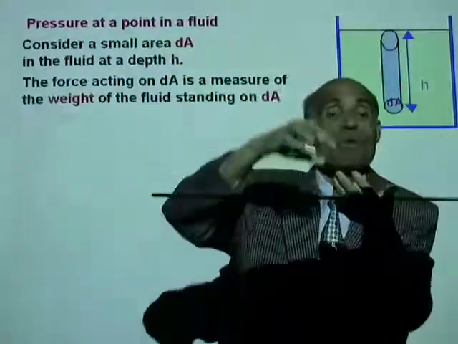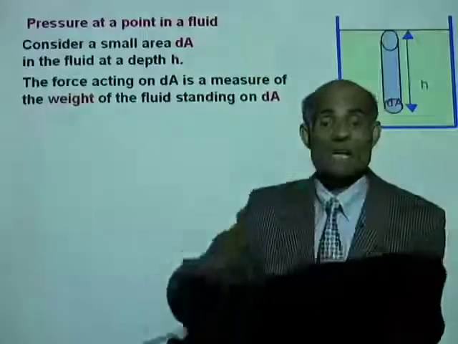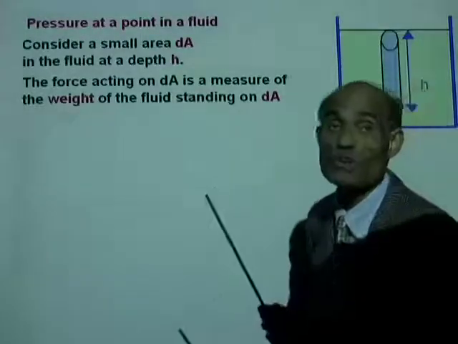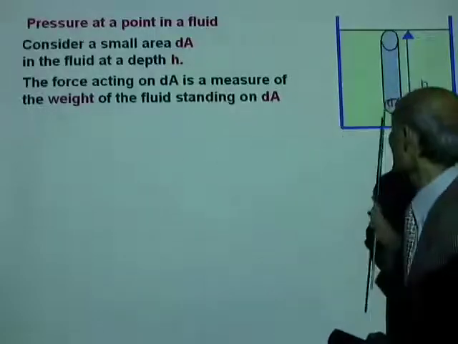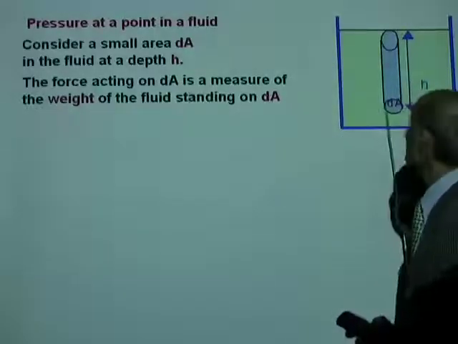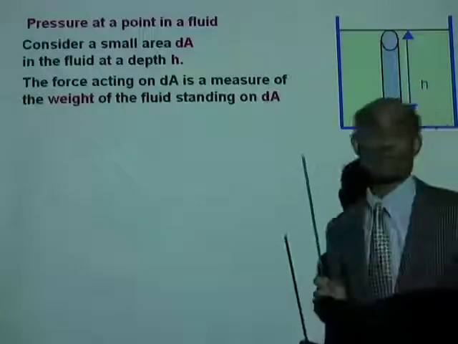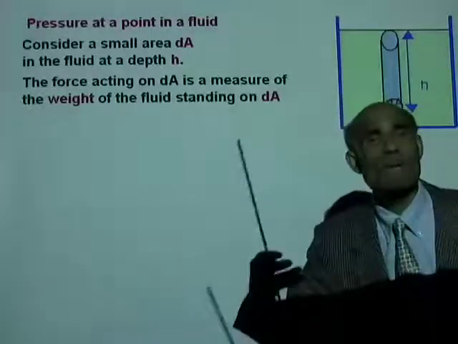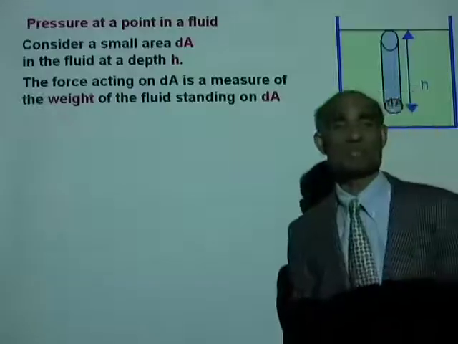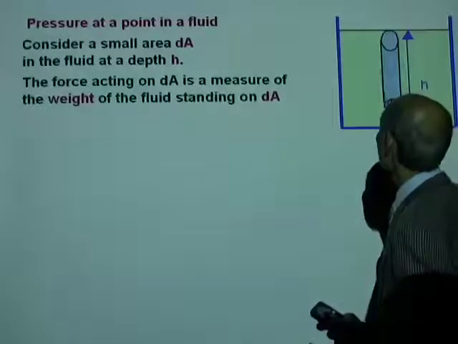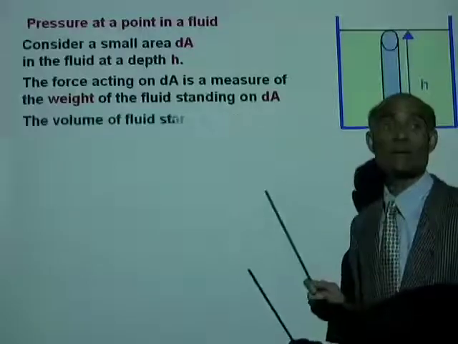That means the weight of that liquid is pressing on dA. So the force acting on that area dA is a measure of the weight of this fluid. Now, how do we calculate the weight of an object? Let's calculate the weight of the fluid standing on that area dA.